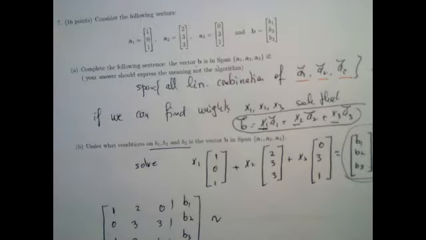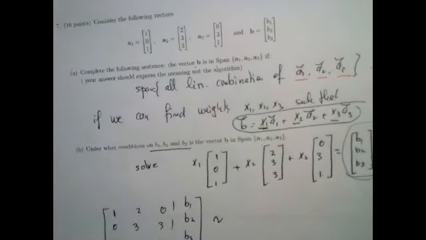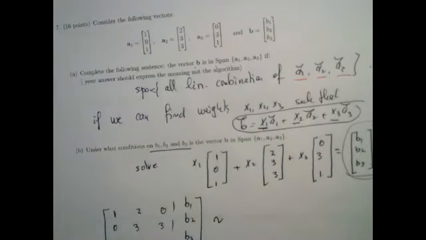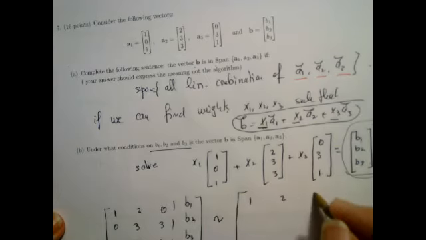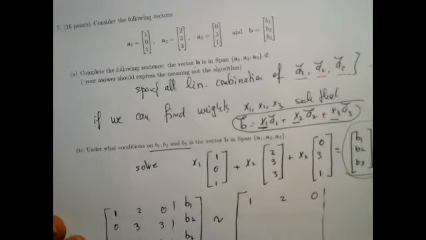I usually try to give you a system that's not hard to solve, to make it a little easier for us. So you do the work and stop when you reach the echelon form, and I will pick up the answer I got, so we don't have to go through that. So I'll get this one.